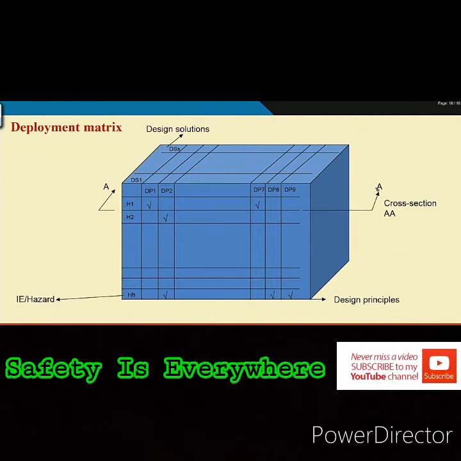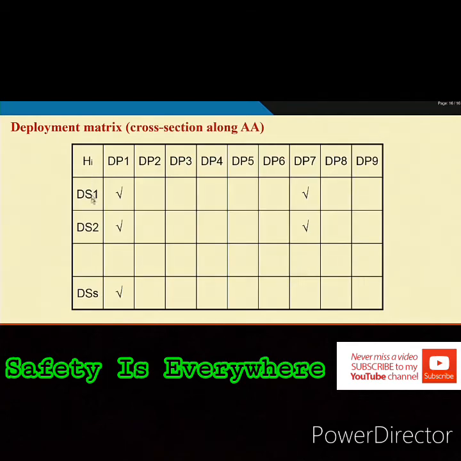If you take a cross section, this is a particular hazard, maybe H1, maybe H5, whatever it may be, and then you see DP1 and DP2.